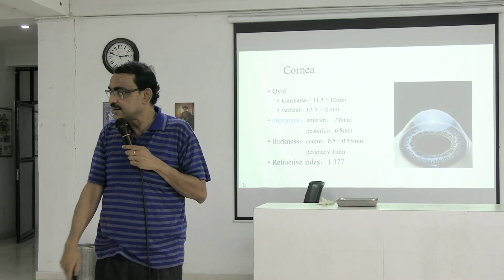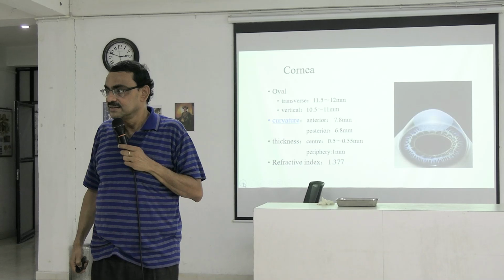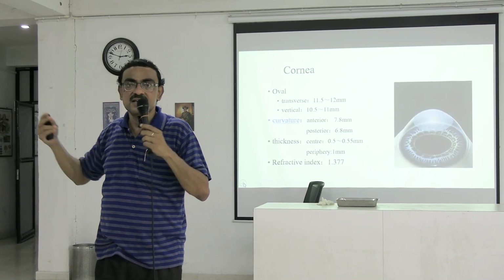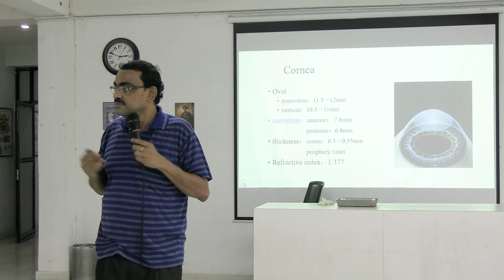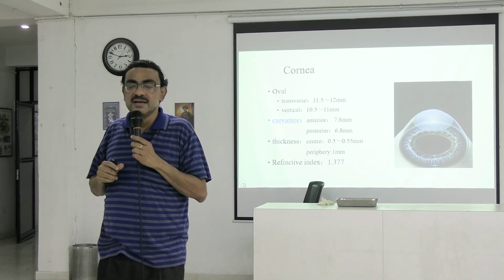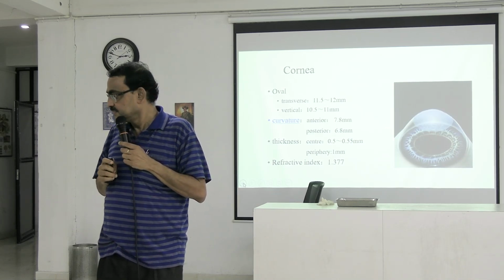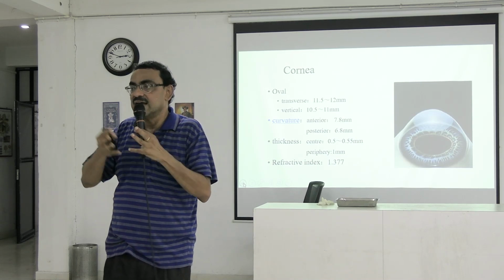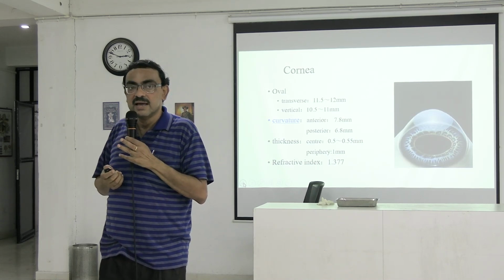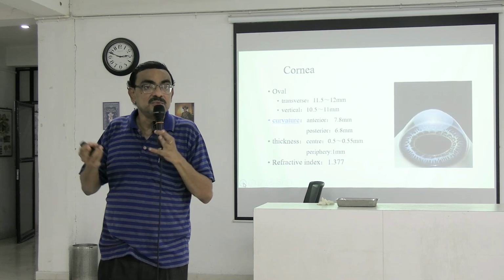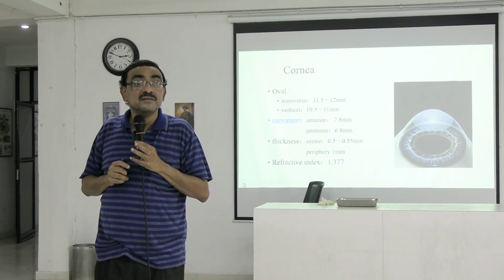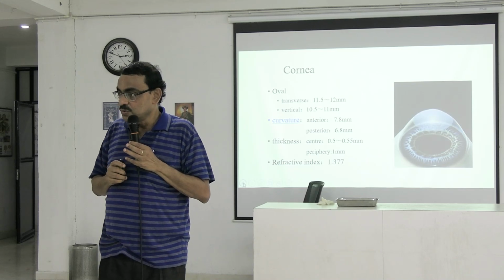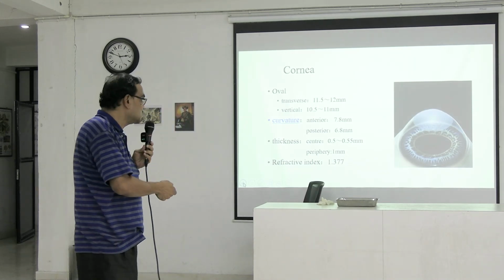So there is a refractive index. This cornea, aqueous humor, the lens, they are acting as a refractive index. They are causing the refraction so that light can converge. Where will it converge? At the retina, the nervous layer.